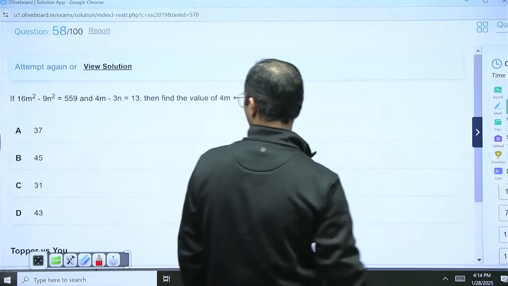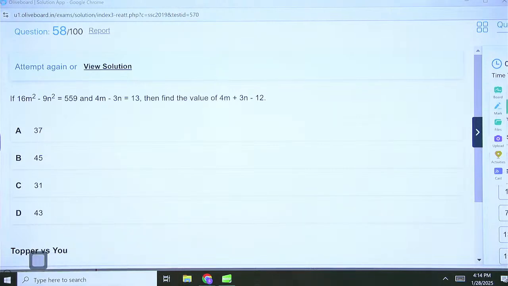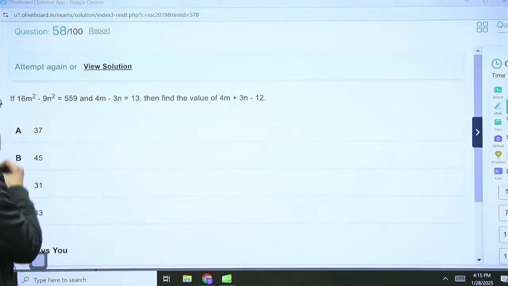So next question is on your screen. Tell me what is the answer for this question. Yes, please try this question. See, here the question is saying 16m square minus 9n square.